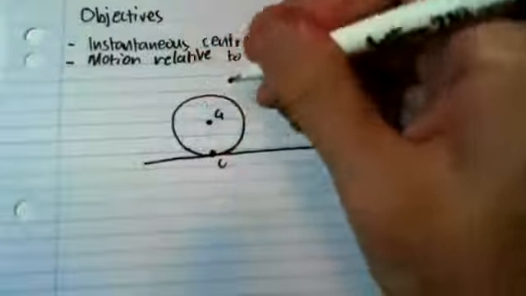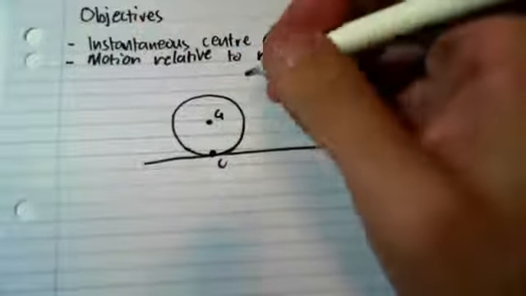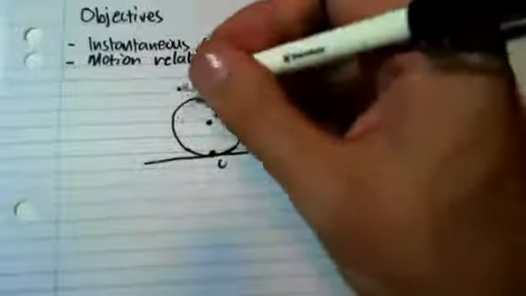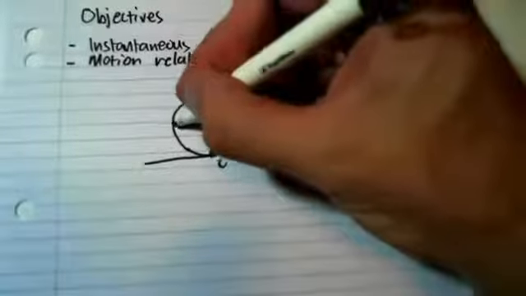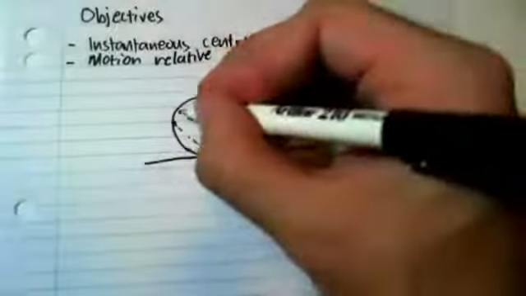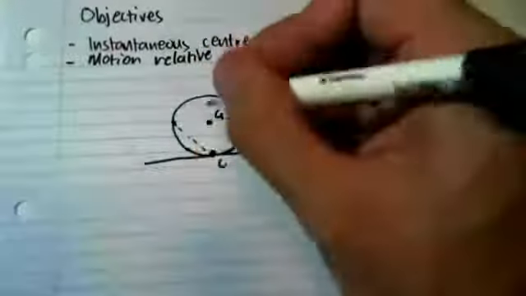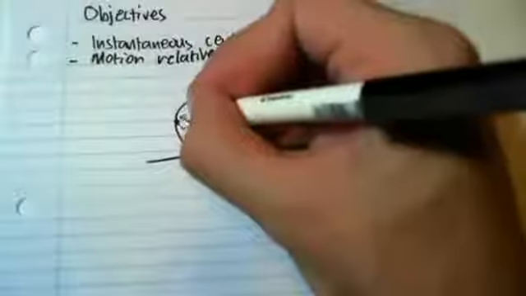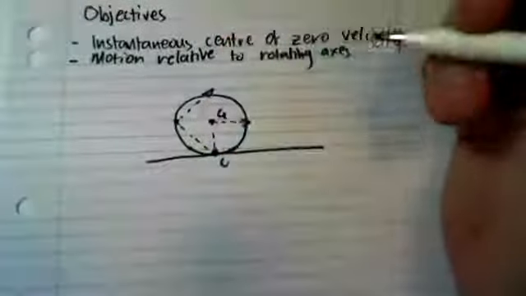If we want to consider any point on this rigid body, the instantaneous center of zero velocity is the point about which that point is going to rotate. If we look at something on the edge of the body and draw a line from that point to the instantaneous center, then if the body is traveling in this direction, the point perpendicular is going to be traveling in this direction here.